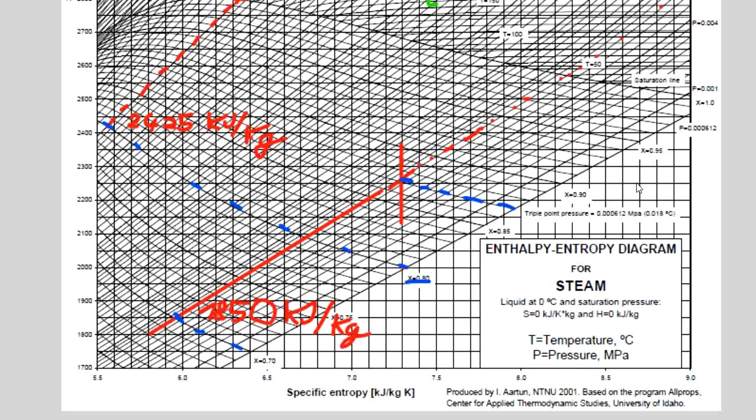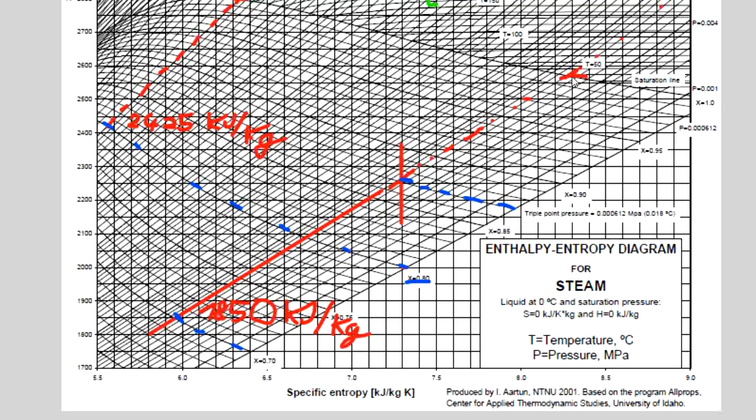And now the last value that we will get from the enthalpy-entropy diagram will be the enthalpy of the saturated vapor at the low pressure. So we have the isobar at 7 kilopascals, and we find its intersection with the saturated vapor line, which is over here.